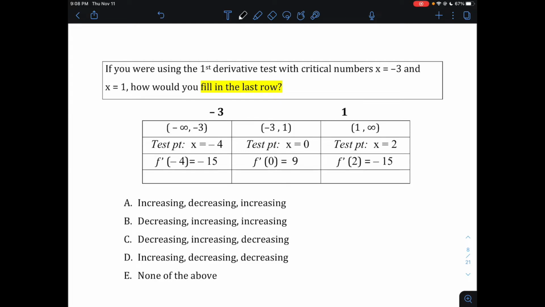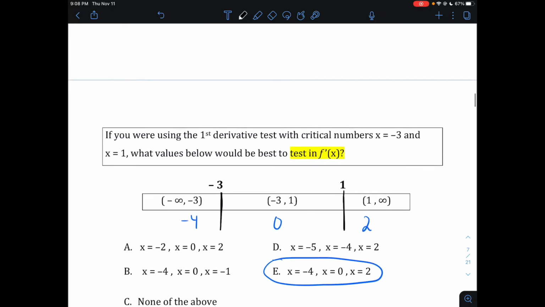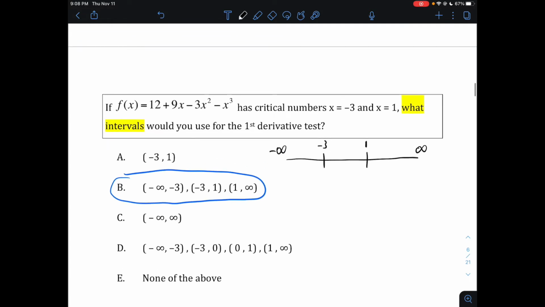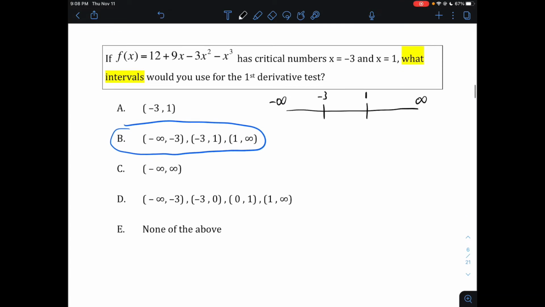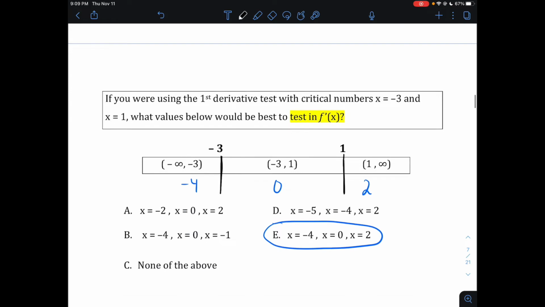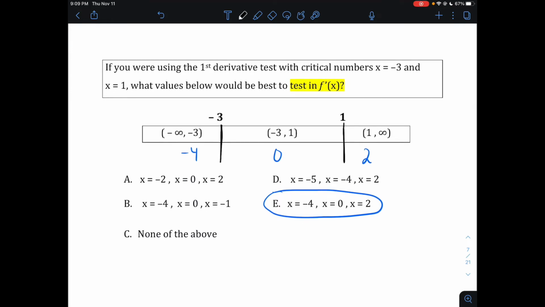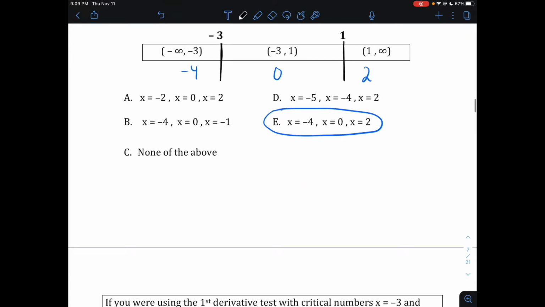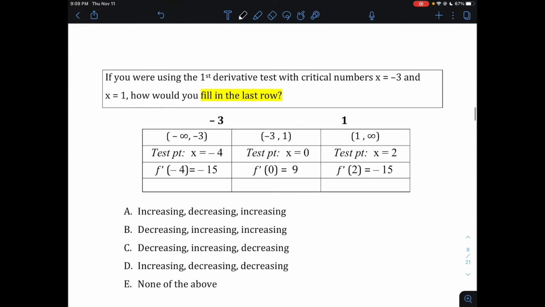So first of all, remember that we got these intervals that we would use for the first derivative test, and then we chose some numbers that we would test in the derivative, and then we have tested those numbers.